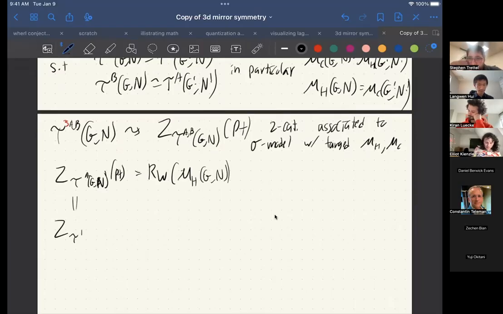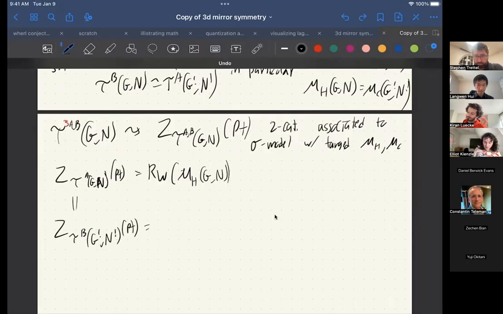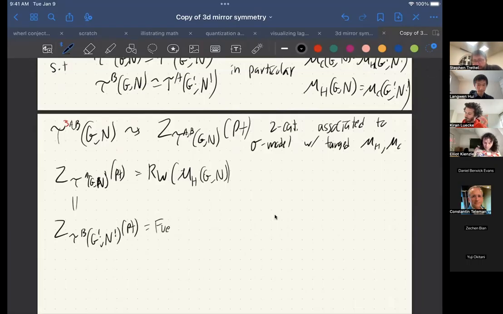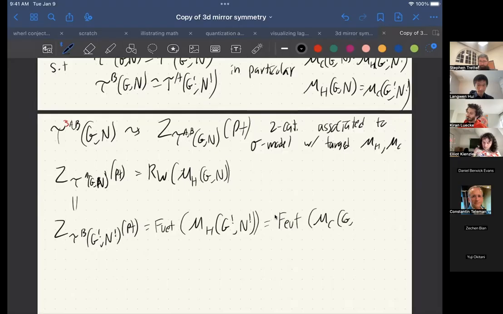I also told you that this is equivalent to taking the B-twist of the theory with shrieked data, which we learned is given by the B-twisted sigma model, which is the Rozansky-Witten 2-category of the Higgs branch of the shrieked data. And I told you that the Higgs and Coulomb branches were interchanged, so that should be the Fueter category of the Coulomb branch with the same data. Okay.